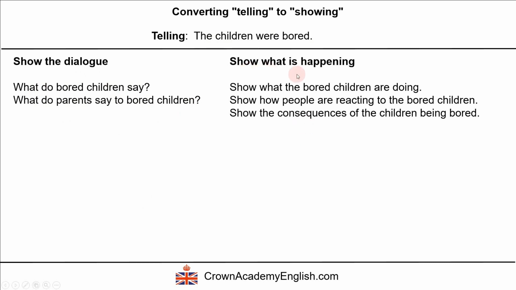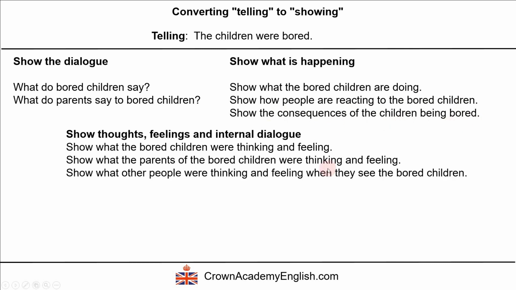Also, show what is happening. So show the action, basically. So in this example, we would show what the bored children are doing. We can also show how people are reacting to the bored children. We could also show the consequences of the children being bored. What happens in their environment to other people. And very important, as we saw earlier, we can show thoughts, feelings, and internal dialogue.